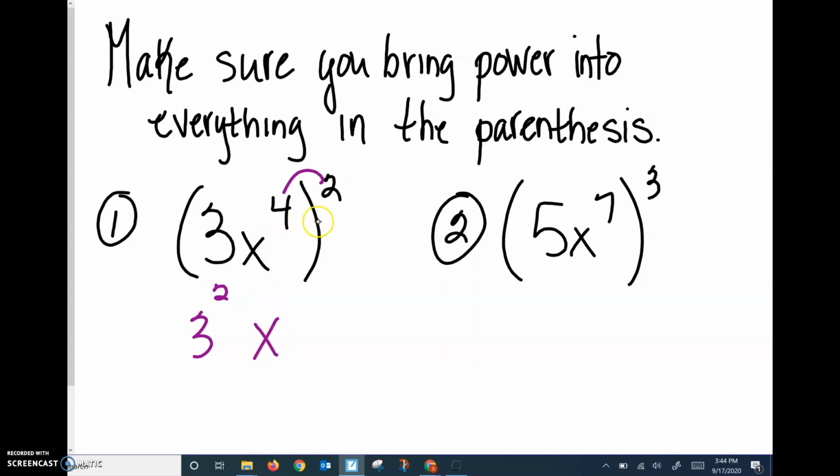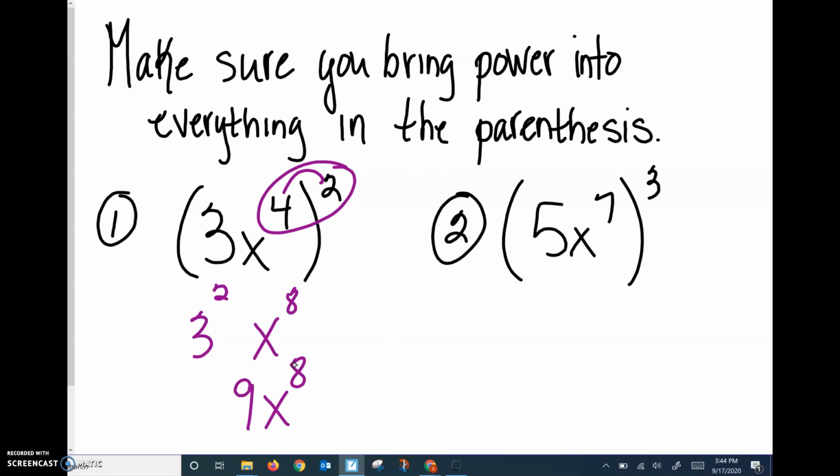And now what do we do with this? This is what we just did, and we had a power to a power. So what do we do with these two? Do you add them or multiply? Well, remember when it's one base, the x, and a 4 and a 2, we're going to multiply. So we're going to get 4 times 2 and get 8. Now, do you know what 3 squared is? We should by now. 3 squared is 9, so we have 9x to the 8th.